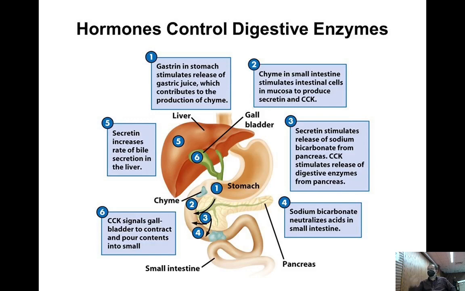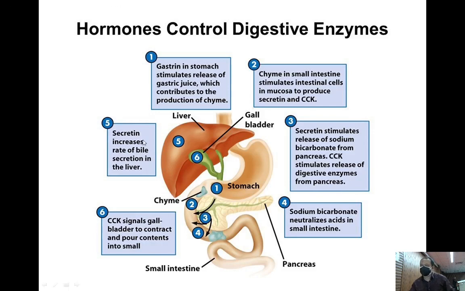Acid chyme in turn helps in the secretion of secretin and CCK, and then secretin is going to neutralize the acidity in the chyme, by releasing sodium bicarbonate from the exocrine pancreas. CCK is going to help in digestion of proteins, fat, and carbohydrate.